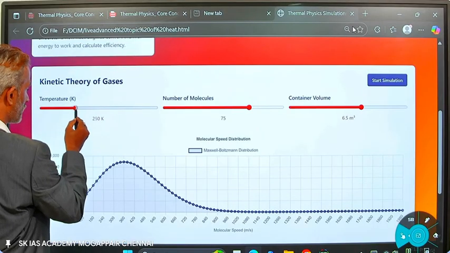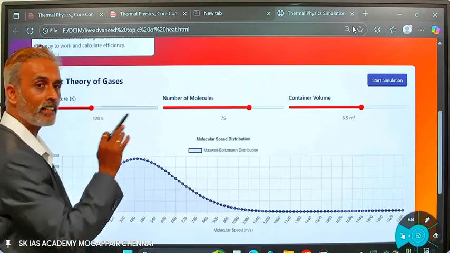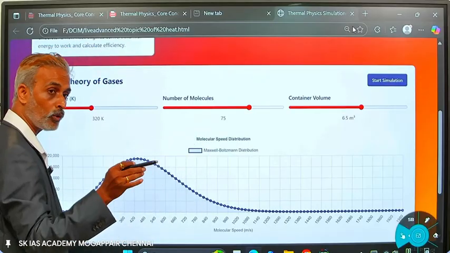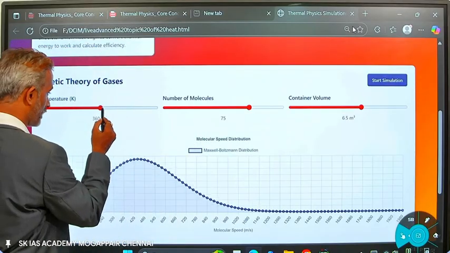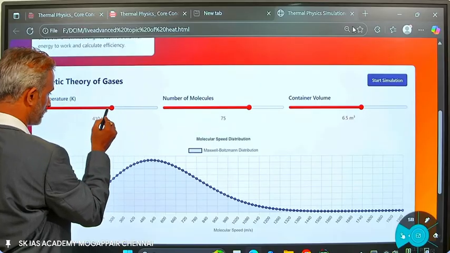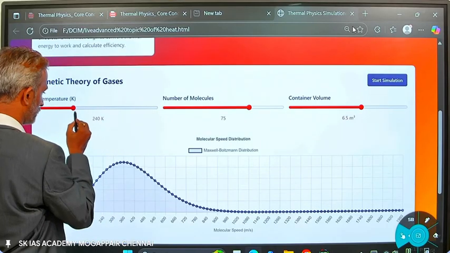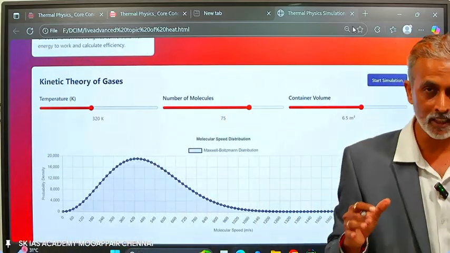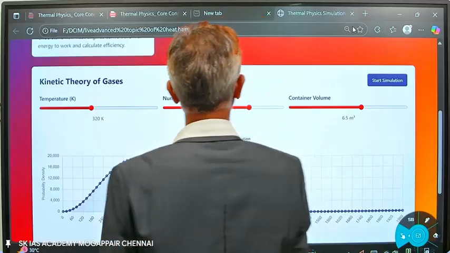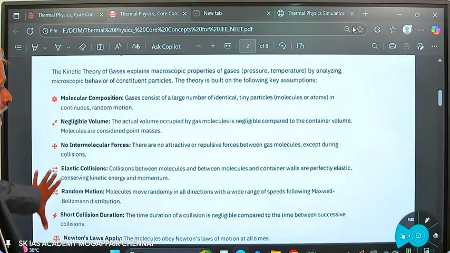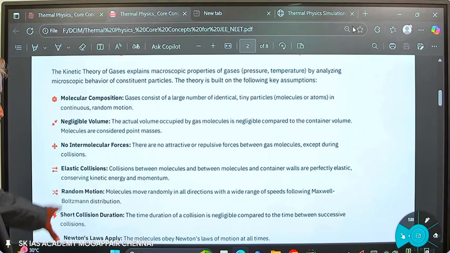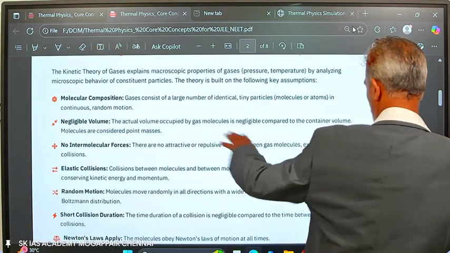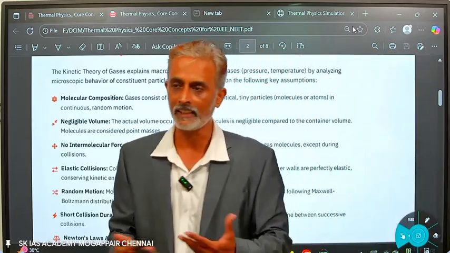Slowly increase the temperature; the number of molecules I keep constant and the container volume remains constant. Then I increase or decrease the temperature. So this is the practical or live part of the kinetic theory of the gases. But the main thing is that this is the theoretical section. Those who joined just now, note down for 5 minutes, then I will come to the next.